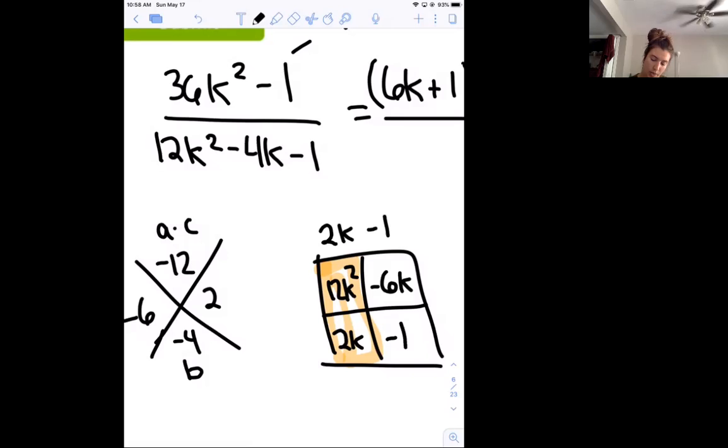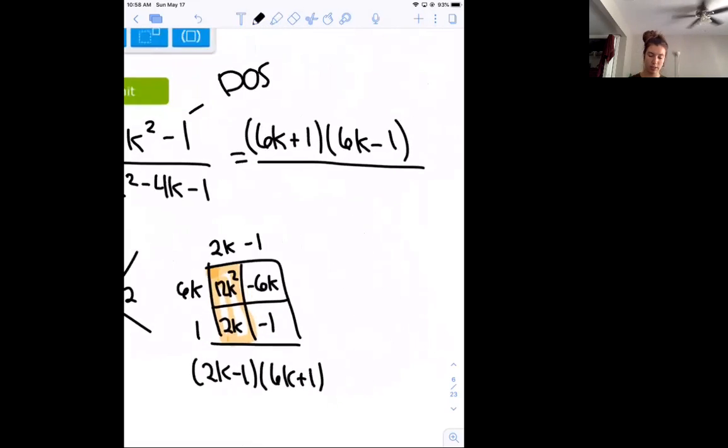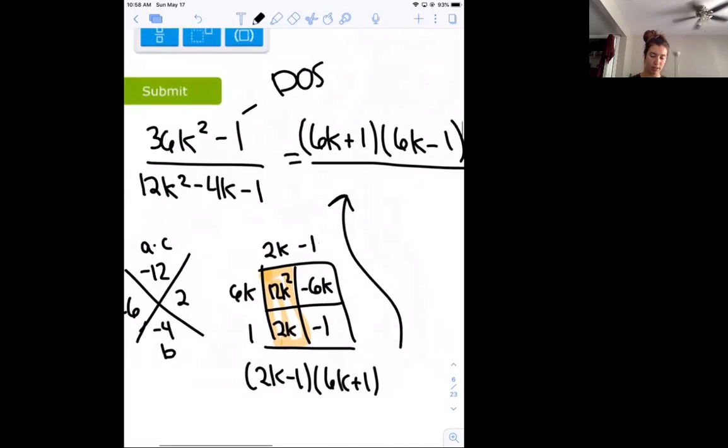And then 12k squared and 6k both have a 6k, and 2k and -1 just have a 1. So this tells me that my factored form is going to be 2k minus 1 times 6k plus 1.